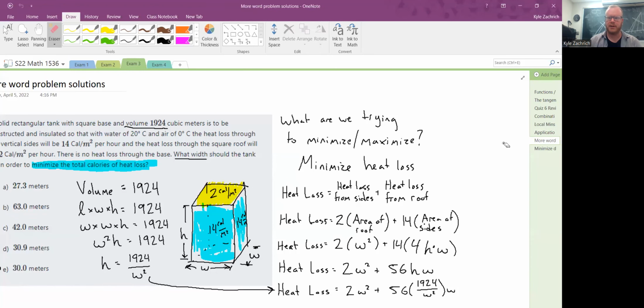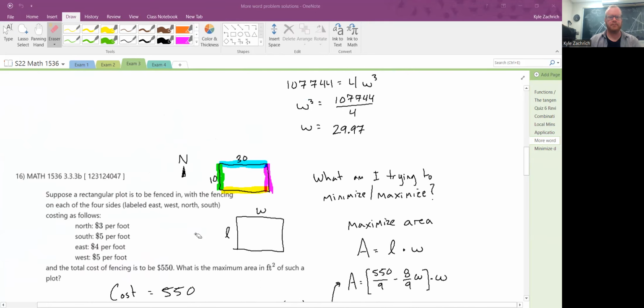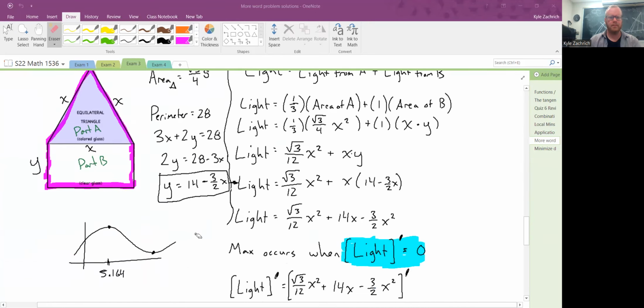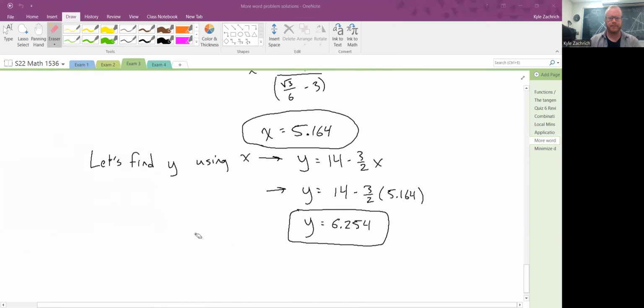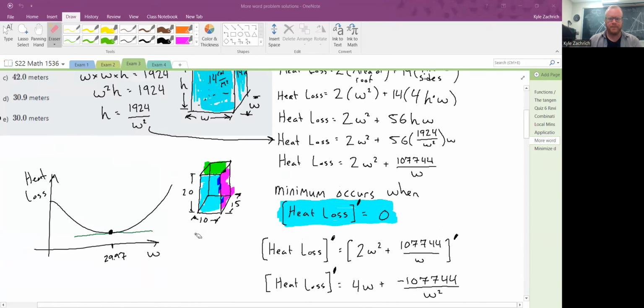And if you look at this more word problem section, I have everything laid out for all of these, but I can talk more generally about them.